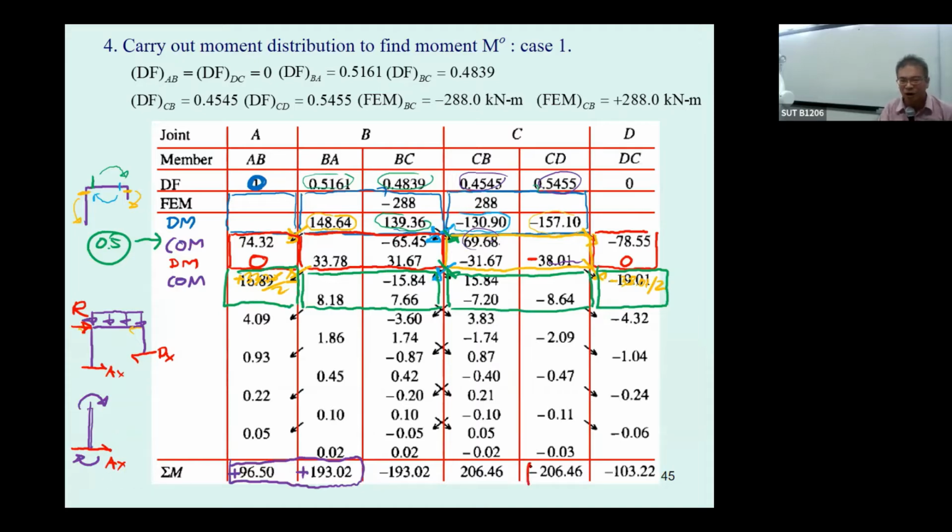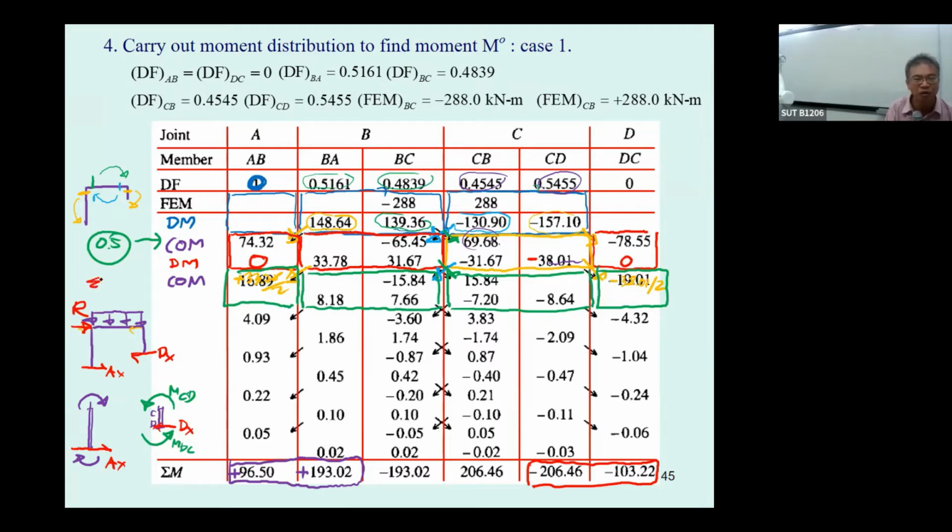And later for the column CD, you just draw the free body diagram of DC, and all of them produce negative moment, so it's going to be counterclockwise. This is going to be M sub DC, and this is going to be M sub CD, and then your force over here is going to be D sub x. So this D sub x is correct.